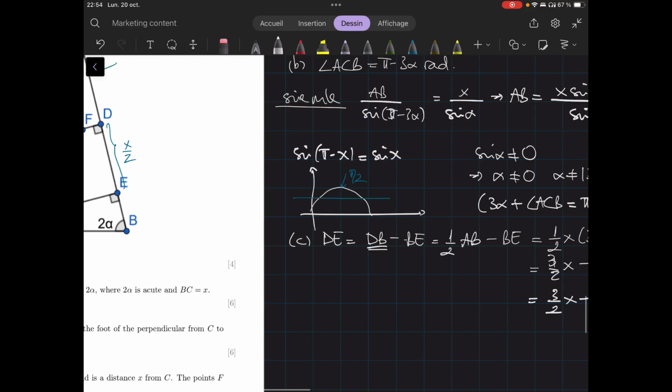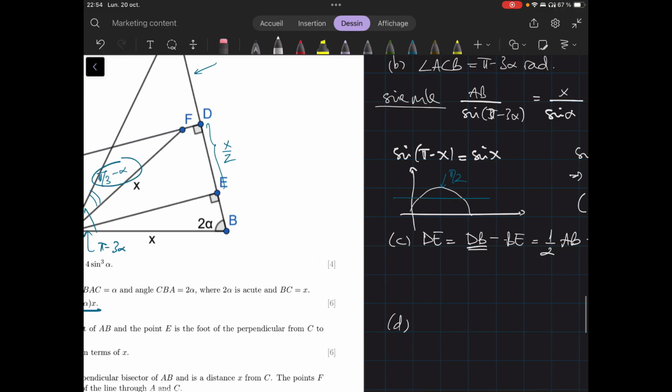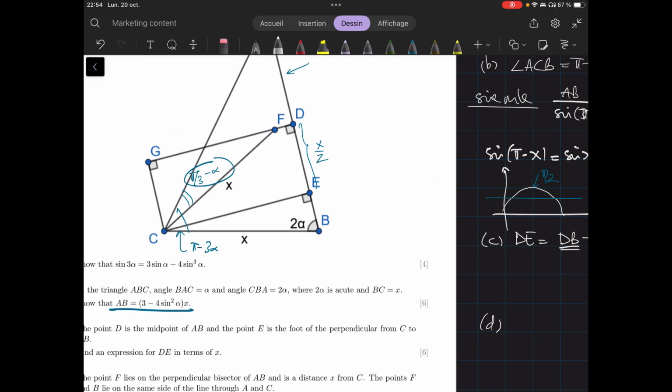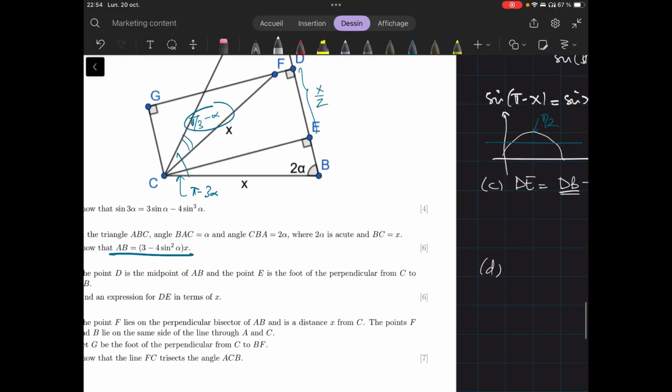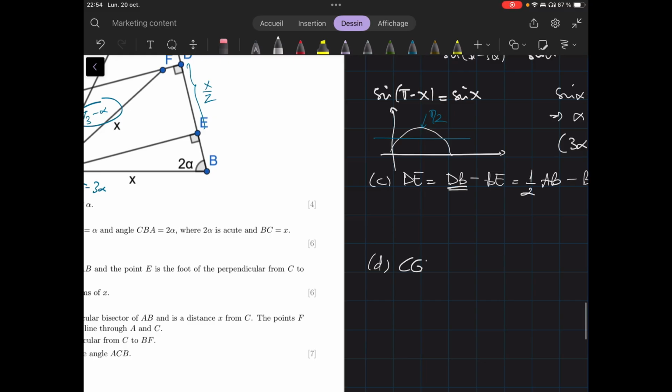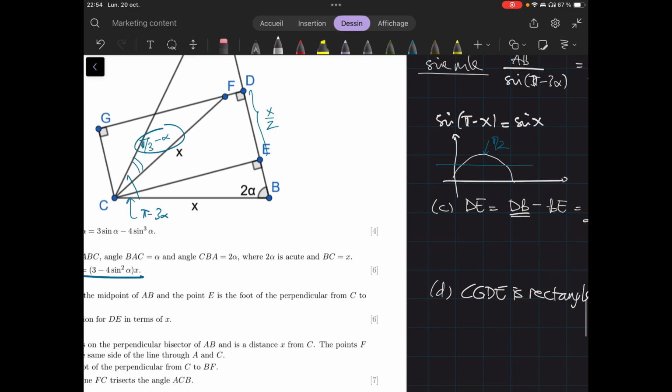First off, notice that CGDE is a rectangle. And the reason is that it has 3 right angles.